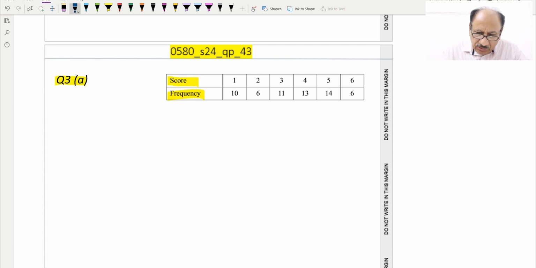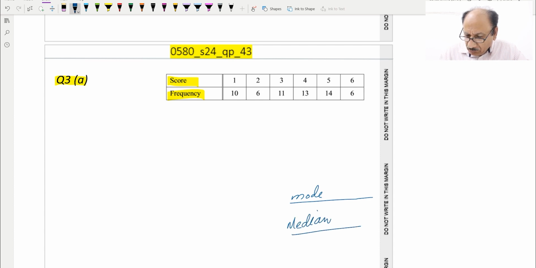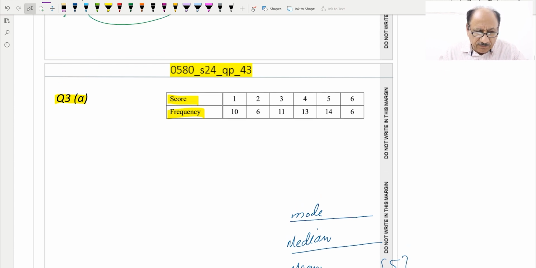So we require three things. Number one, we require mode. Then we require median also, and the last thing which we require is mean. So these are three questions whose answers are required, and it's a 5 mark part.